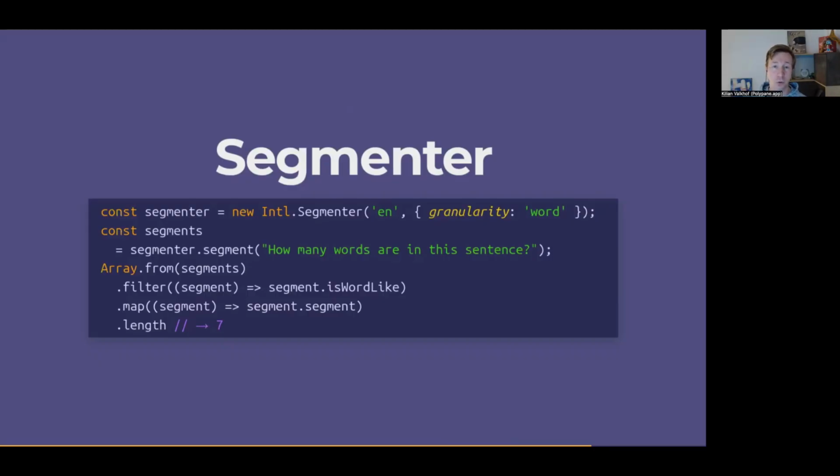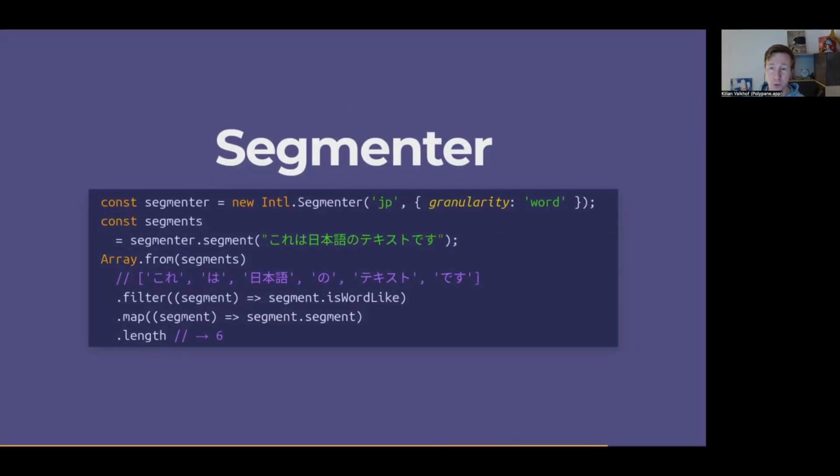This returns a result, which is an array-like object, and it has an object for each of the segments that it split. Each object has the value, so segment.value, which is things like how or a space or a question mark, and a property called isWordLike. And if we filter on that, we get just the words and can count that there are 7 of them.